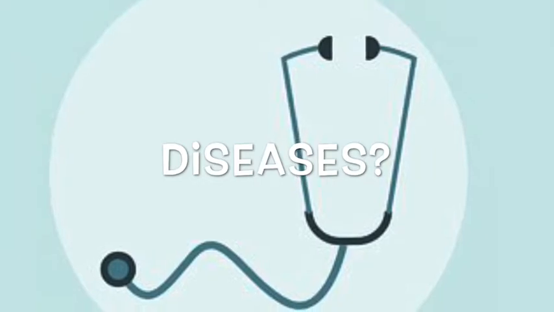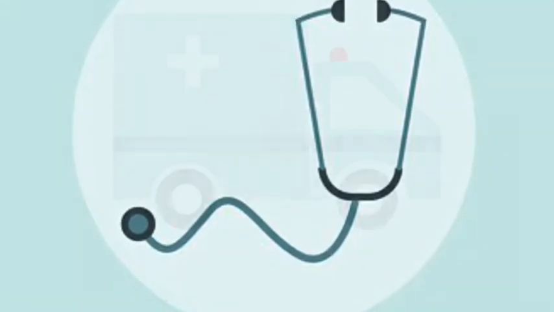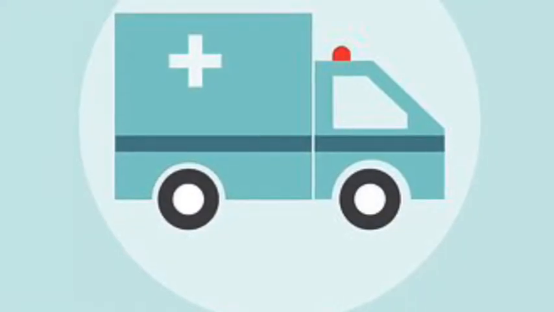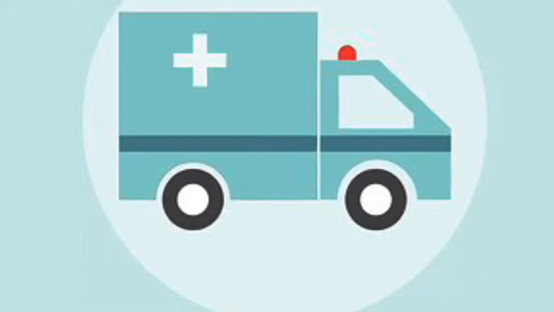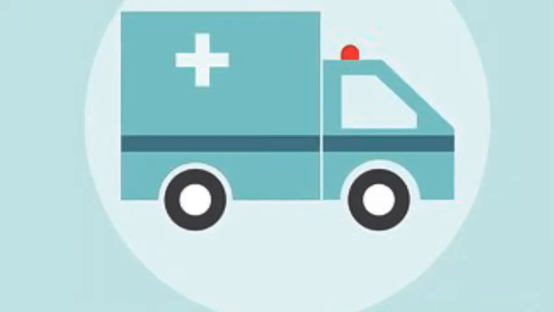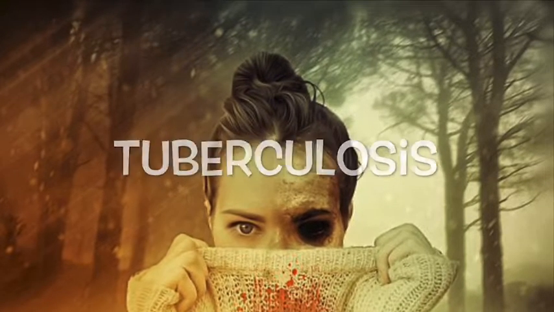So now let's name some of the diseases that are caused by bacteria. We're going to learn a lot more about these diseases later, but for now, just try and note down a couple of them. Tuberculosis is caused by bacteria.